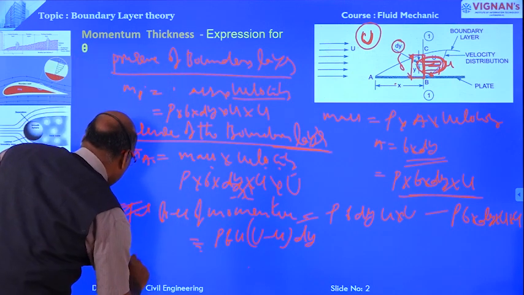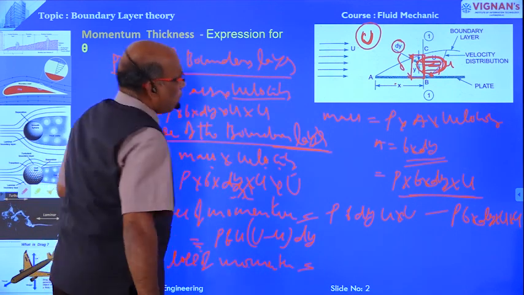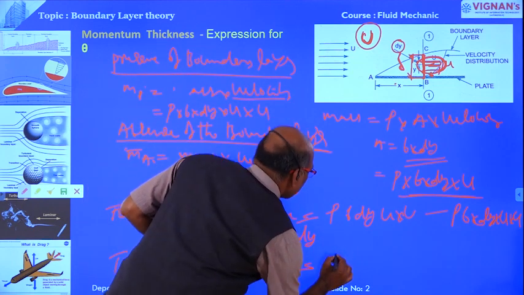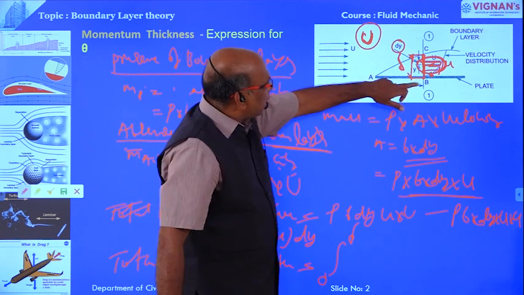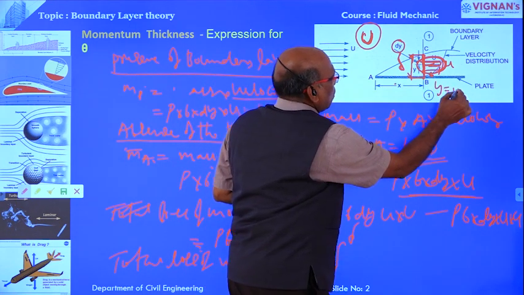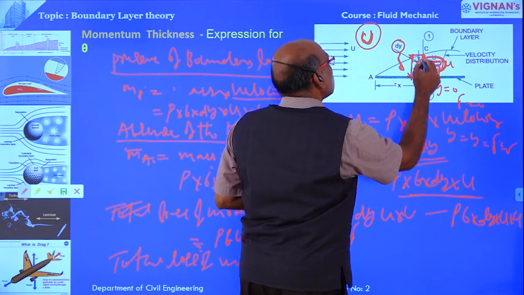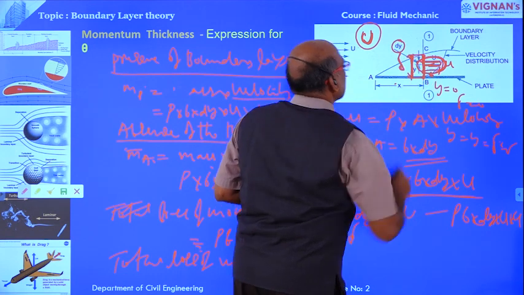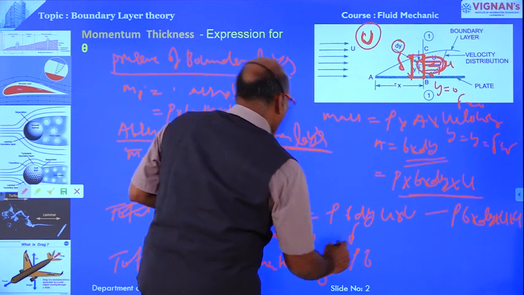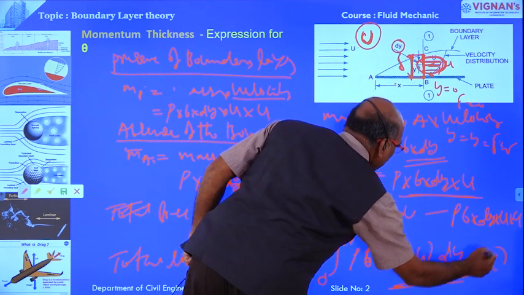Now the total loss of momentum over the boundary layer delta is the integral from 0 to delta, because the velocity varies from y equals 0 to y equals delta within the distance delta: rho b u (U minus u) dy. This is the one equation.